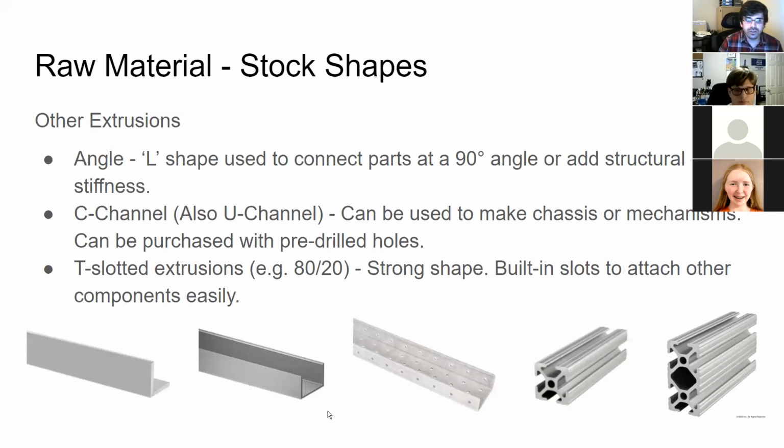C channel and U channel. The FTC students will be familiar with C channel. It just means it's C-shaped. U channel is just deeper C channel. It has a lot of strength as well. And then fancier extrusions like the REV 50mm extrusions, or what this is called, 8020, which is a company's name, has slots in it so you can move things around.